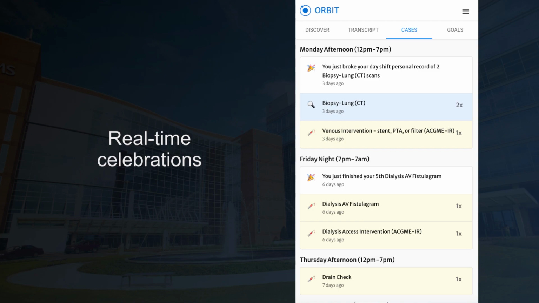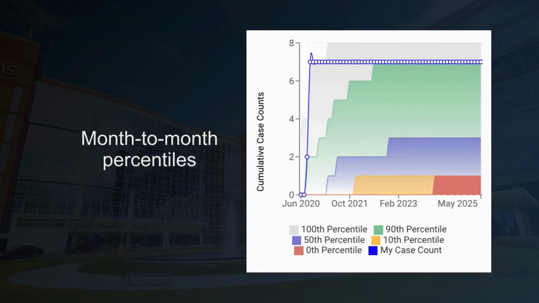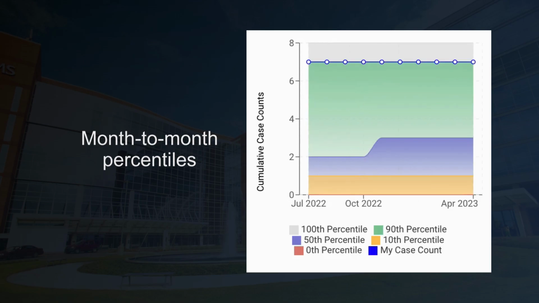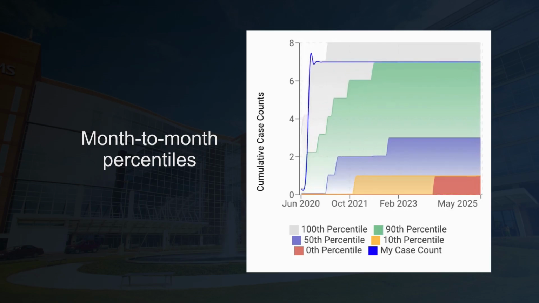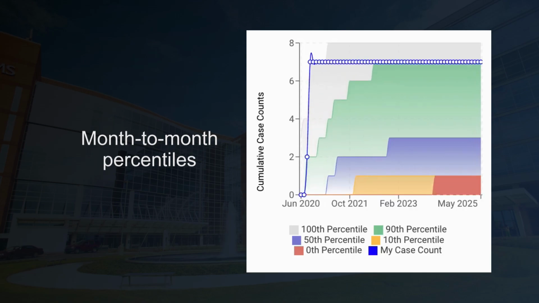Here you can see that individual residents can watch their cases rolling in on an activity feed, including celebrations making personal records. And on this view, residents can also understand their case volume as a function of the month into residency, including percentile data computed versus their peers.